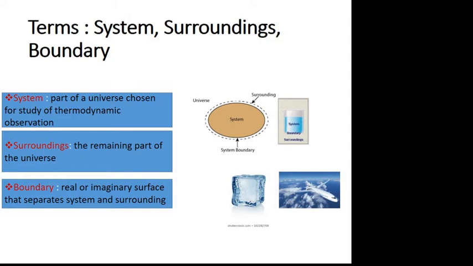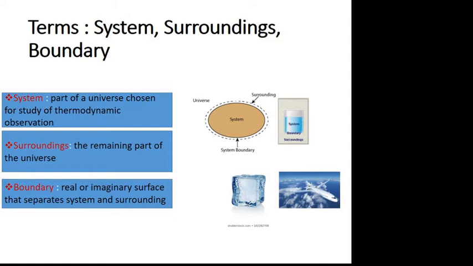So when a glass of water is heated, some heat energy may be going into the room, or it may be absorbing some heat energy; all those changes we study. The remaining part is what is known by the name surrounding. Then boundary. Boundary is a real or an imaginary surface that separates system and surrounding.